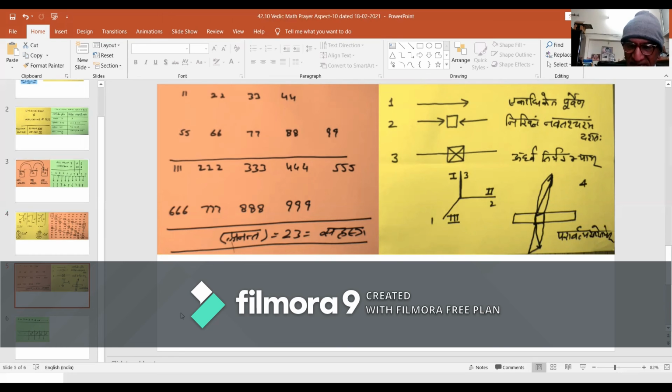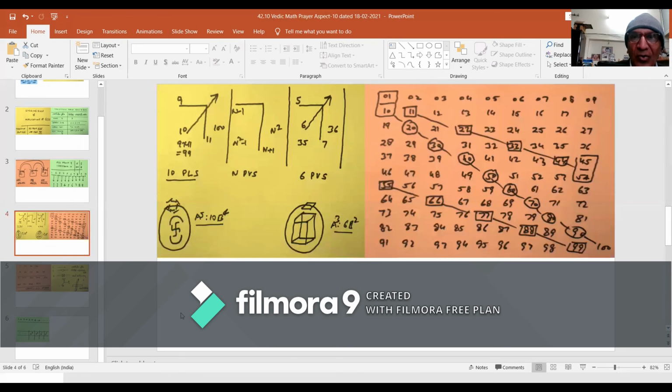Further, as we know, the 11, 22, 33, and 44 mirror line of the upper part of the 10-place value system block is having extension on the one end as 0, 1, 1, 1, 0, and the other end from 45, 54.